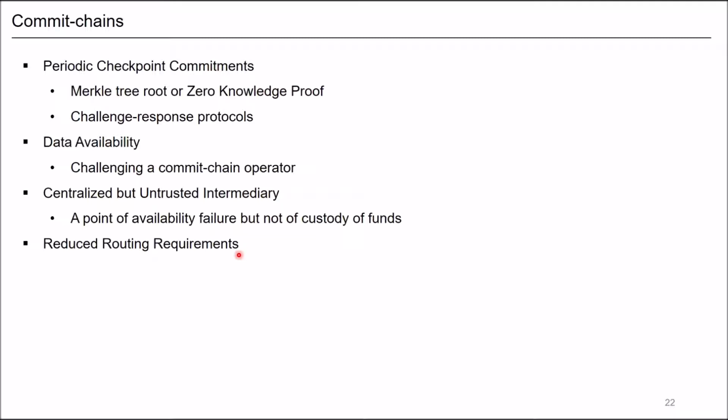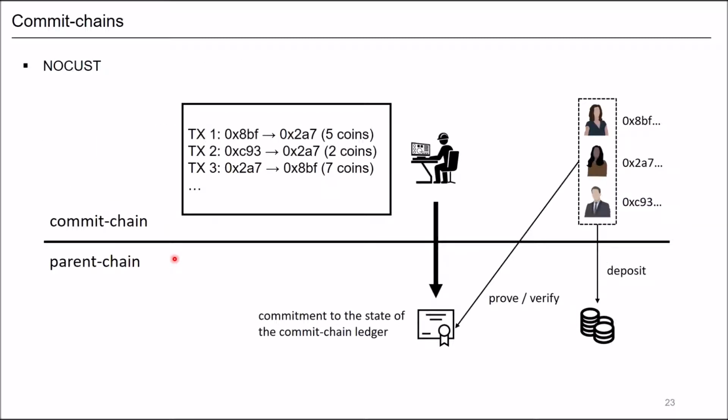The operator has all members' information, and all members can transact directly through the centralized server. NOCUST is an account-based commit chain where an on-chain address is associated to a commit chain account.